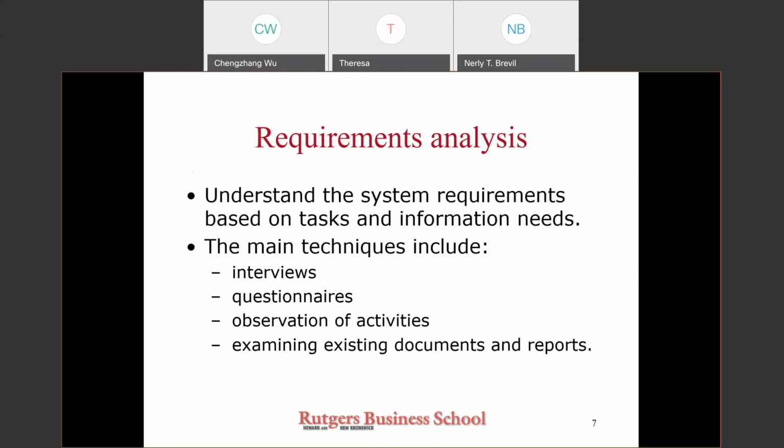The objective is to understand what tasks users perform and hence what information they need to perform these tasks. Interviews, questionnaires, observations of activity, and examining existing documents are the main techniques that can be used for requirements analysis. Each of these techniques has advantages and drawbacks.